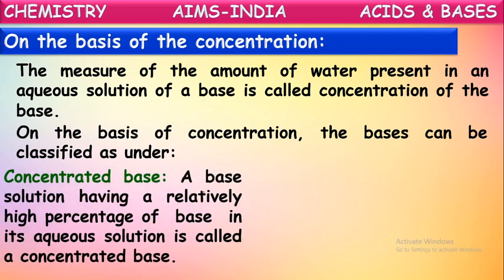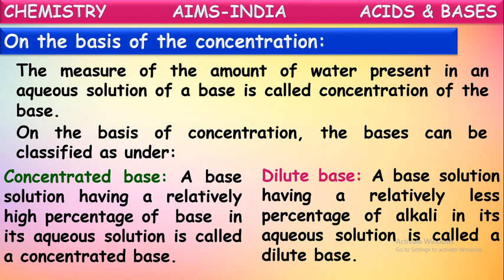concentrated bases. The base solution which has a relatively high concentration or high percentage of base in its aqueous solution is called a concentrated base. It means a base which contains more quantity of base than water. If the water quantity is very less than that of base quantity, then that base is said to be a concentrated base. One more classification, dilute base.